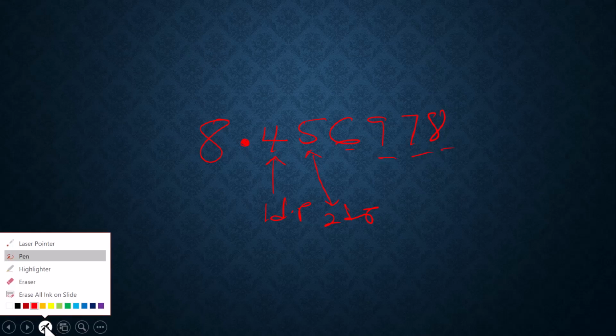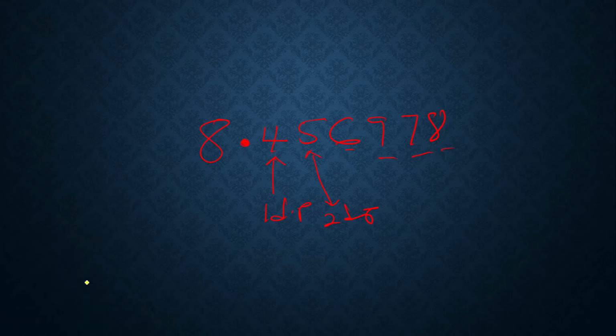All right, so if you're asked to round this number to, let's say, 1 decimal place, let me write it again: 8.4569778. So we start from the point.